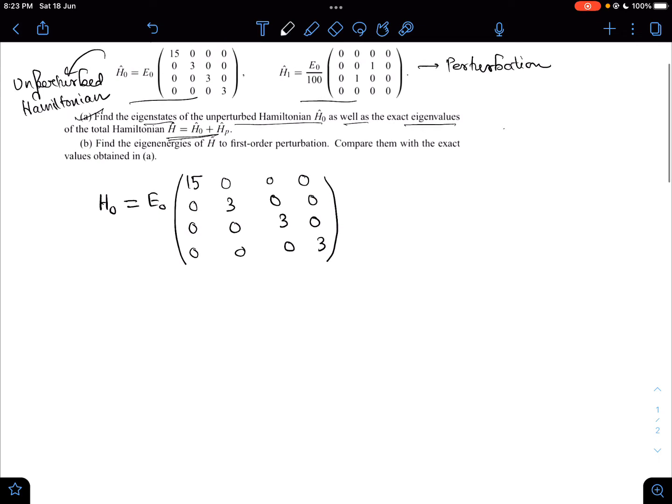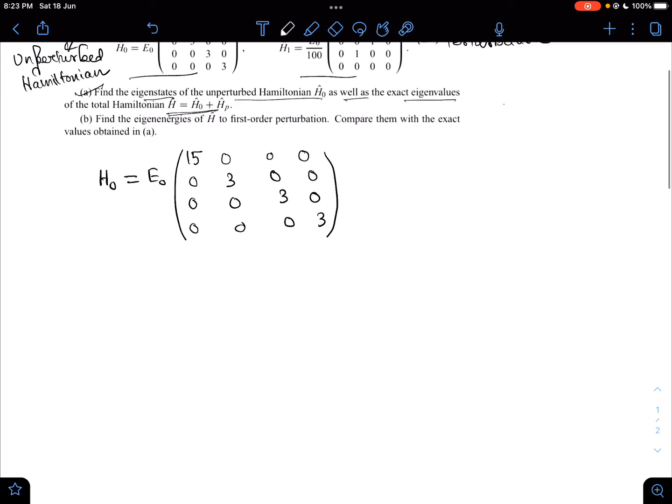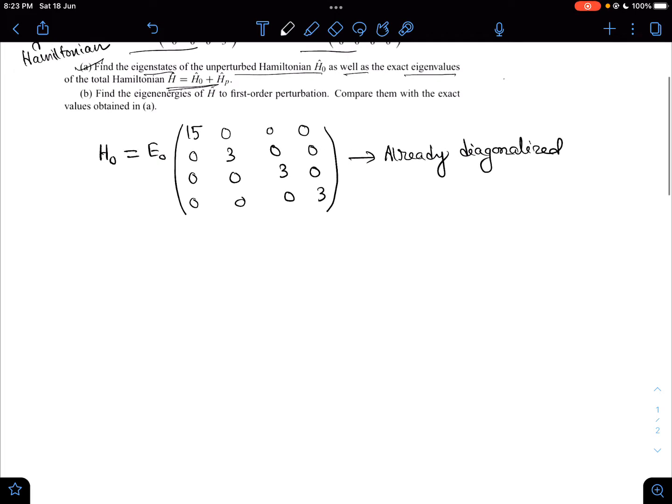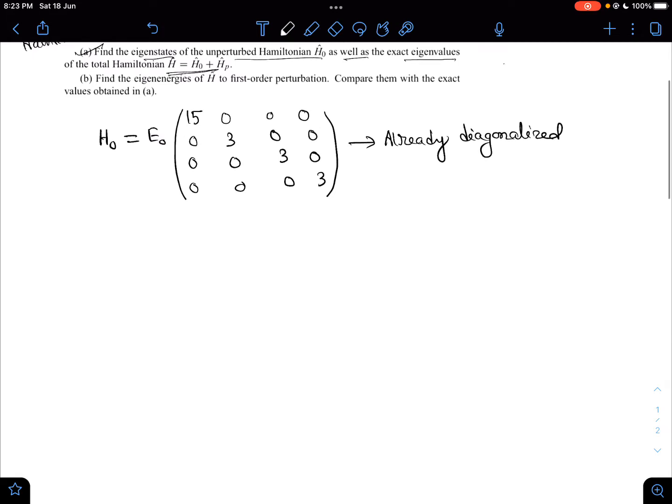We have to find the eigenstates of this Hamiltonian. As we can clearly see, this Hamiltonian is already diagonalized.